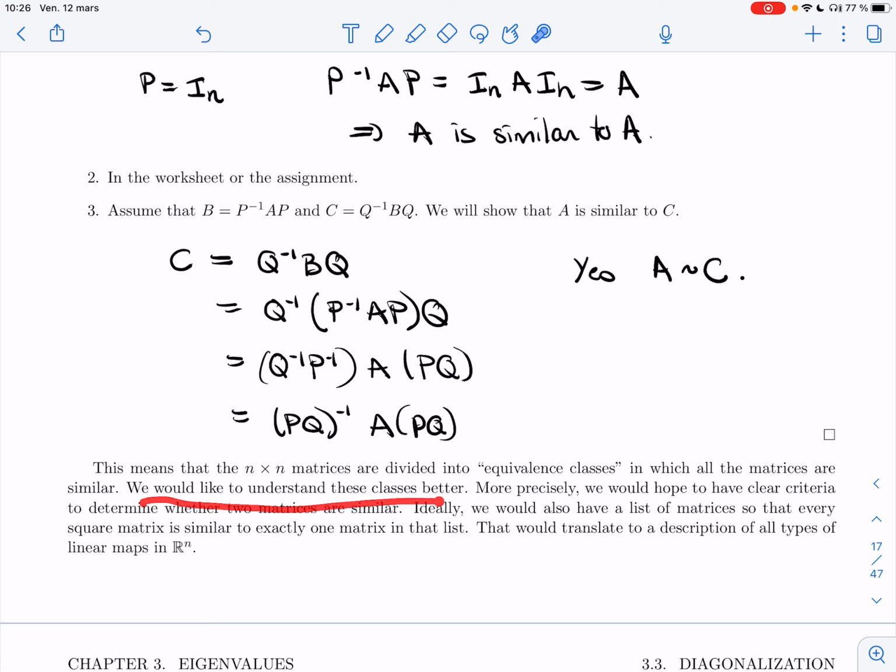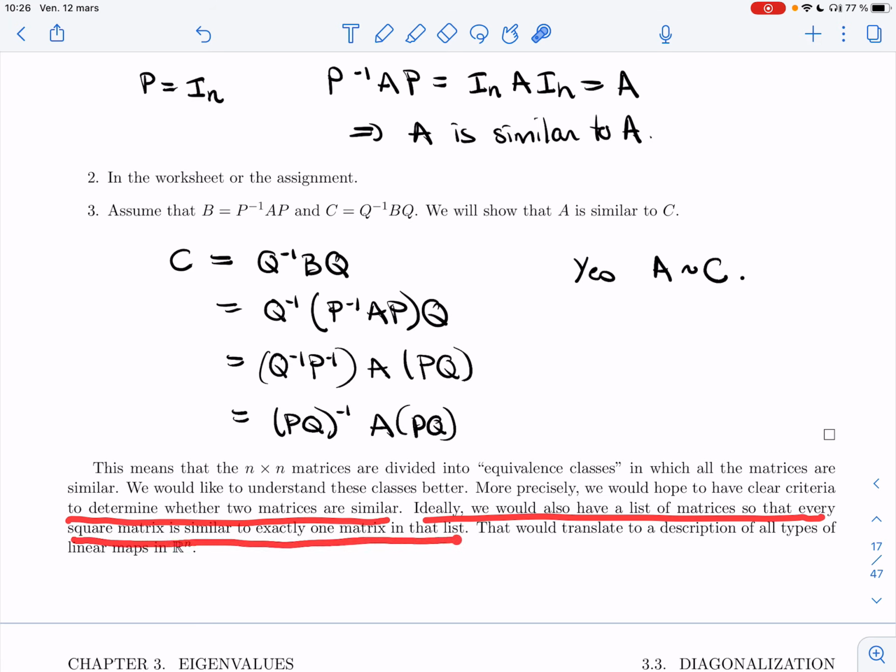We'd like to understand these classes better. More precisely, we would hope to have a clear criterion to determine whether two matrices are similar. Ideally, we would have a list of matrices so that every square matrix is similar to exactly one matrix in this list. That would translate to a full description of all types of linear maps in Rn.